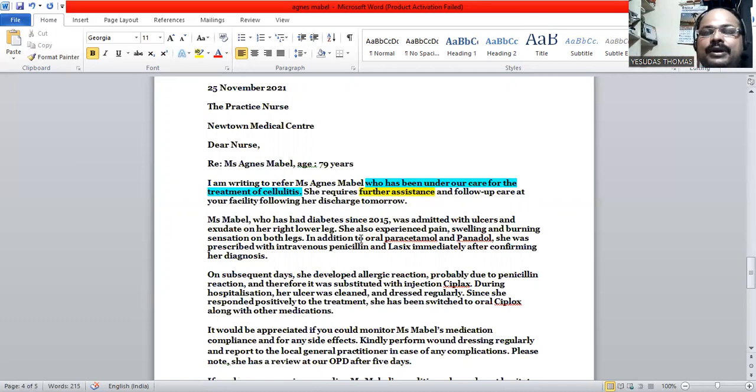But on subsequent days, after we initiated the treatment, we have made a change in the schedule because of allergic reaction which she developed. Redness of eyes, puffy and swollen faces.